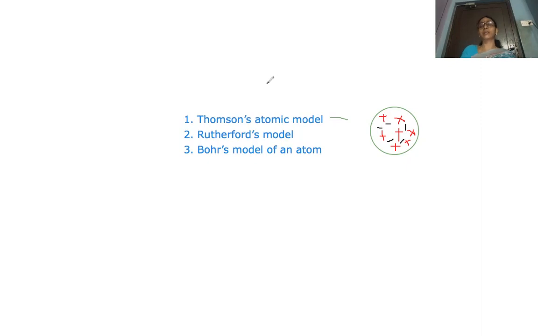So this is also called the watermelon model of an atom.